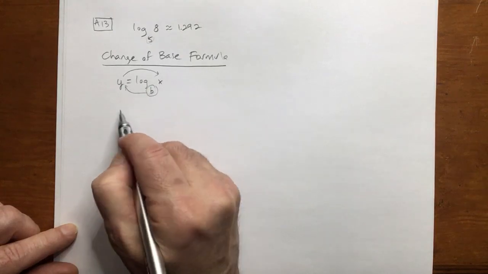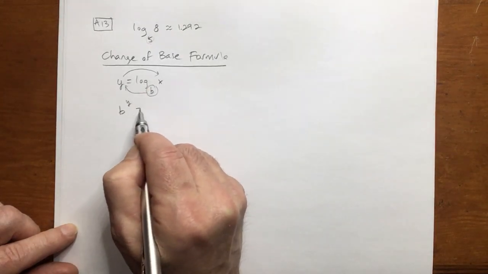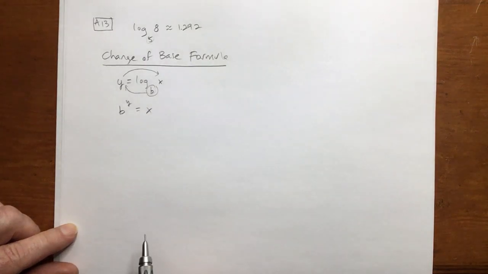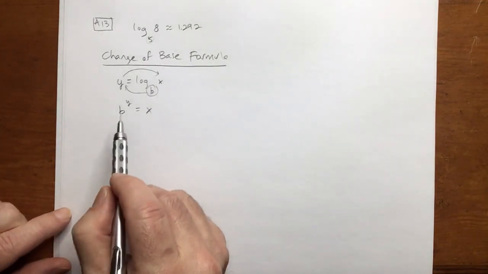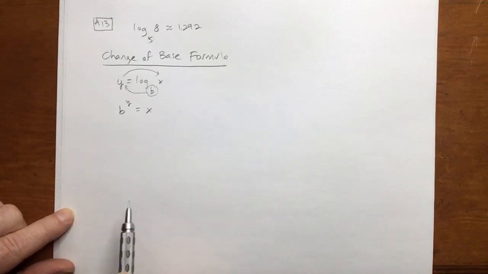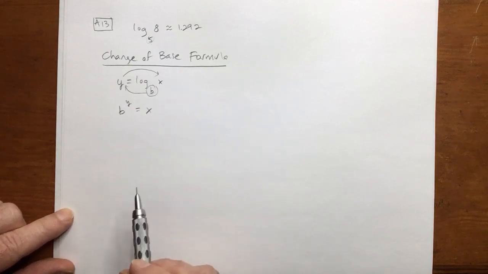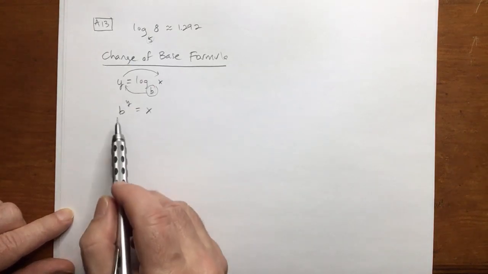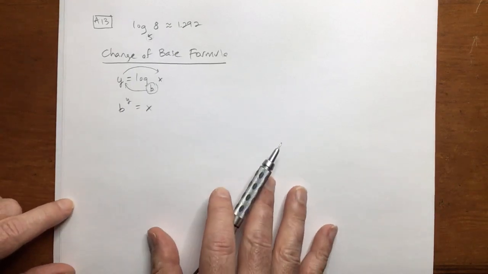In exponential form, this means the same thing, b to the y equals x. Now, if I want to, I could multiply both sides by the same number, or add the same number, or divide by the same number. If we do the same thing on each side of that equal sign, we're fine.